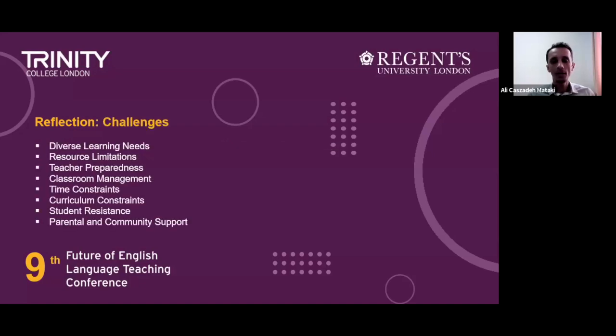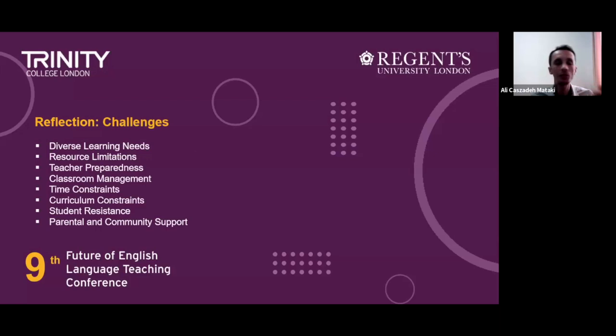Okay, yes, some of you mentioned diverse learning needs. So one of the major challenges in implementing inclusive pedagogy is addressing the diverse learning needs present within a single classroom, as you know. So teachers must be equipped to handle a wide range of abilities and learning styles, as you know. So this requires adapting lesson plans to cater to individual student needs.